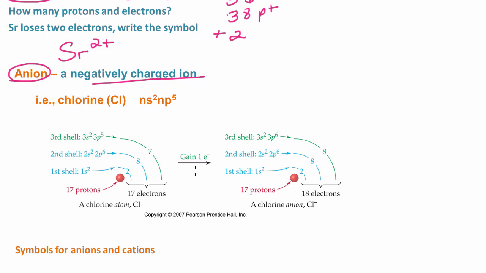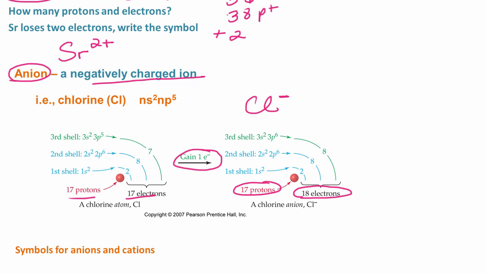The chlorine atom has 17 protons and 17 electrons. If the chlorine atom gains 1 electron, now it has 18 electrons and 17 protons. That means it's going to have a -1 charge, and we write the symbol for the chloride ion like so.